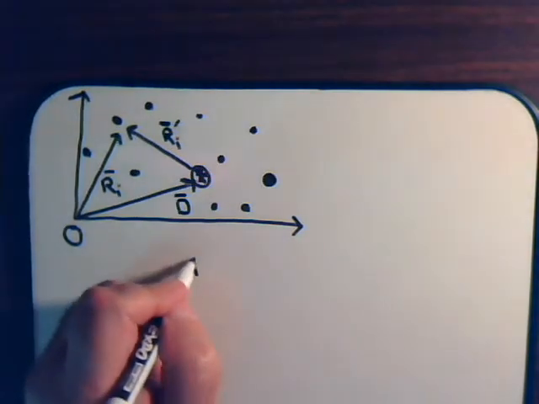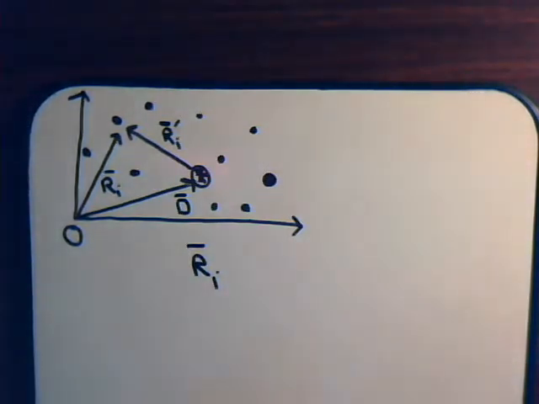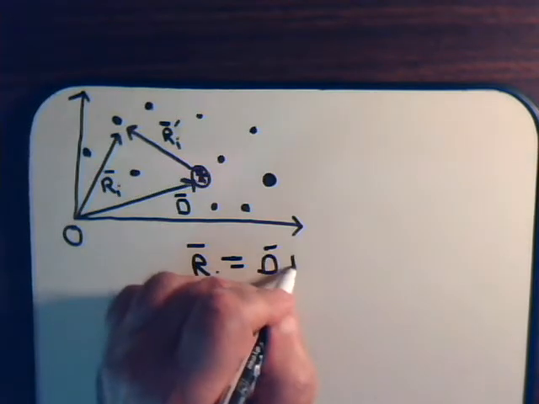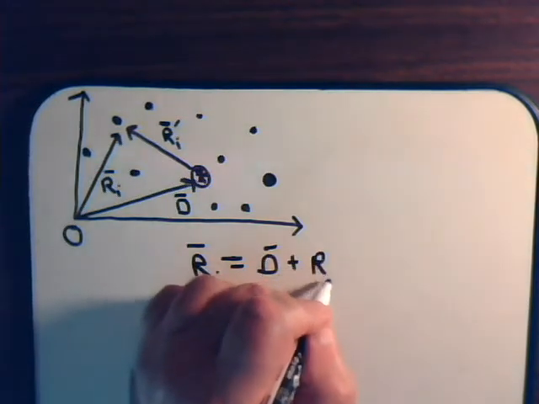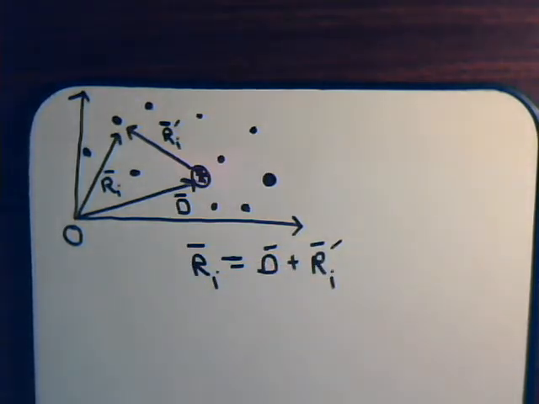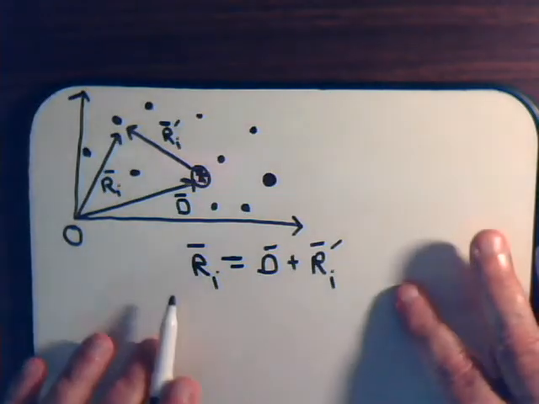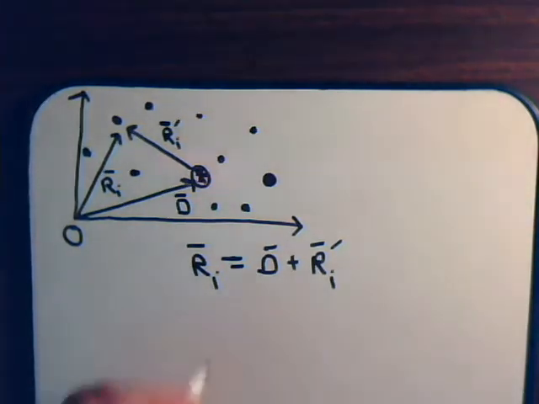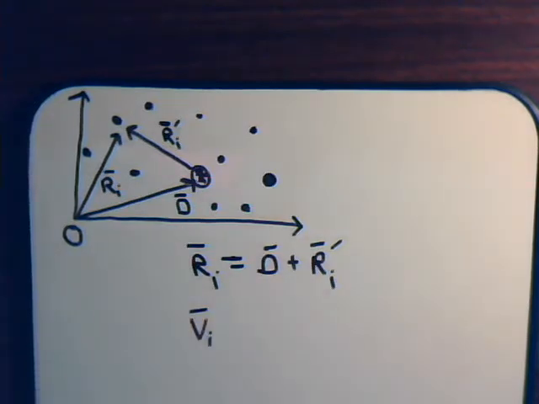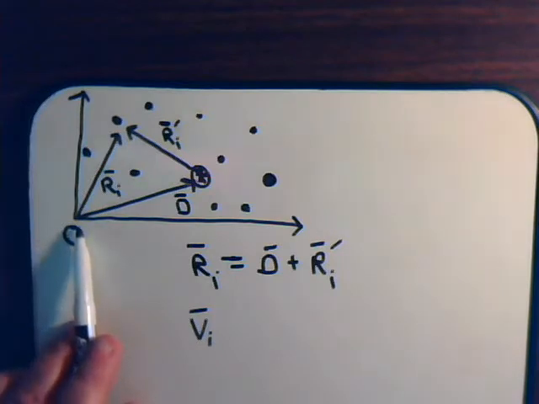So we have our position vector equals D plus Ri prime. And like you saw us do in the last video, we can take the time derivative of each side. This gives us the velocity of any one of the particles relative to point O.